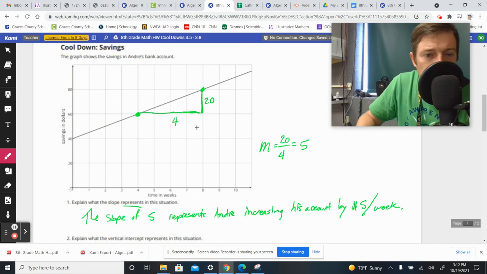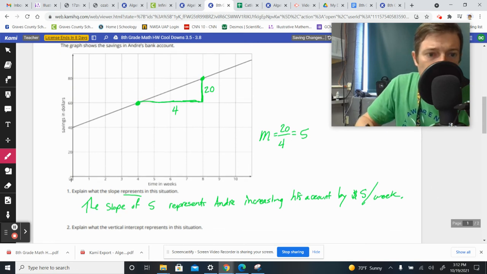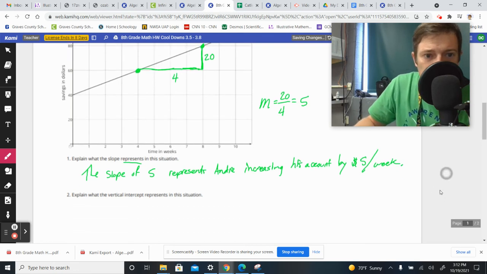That's what that's representing. The slope is the rate of change of how much he's increasing his savings by every week. And you'll notice that in 1 week, he's not going to be at 5 because he started at a different amount. And that kind of leads us to question number 2.